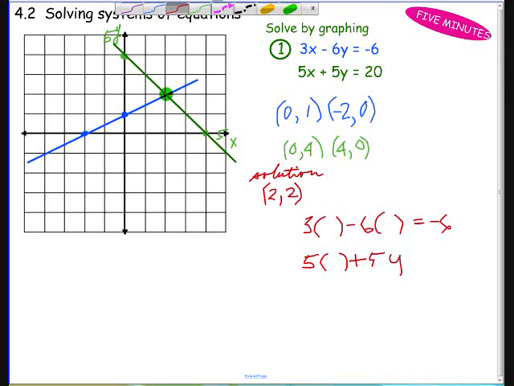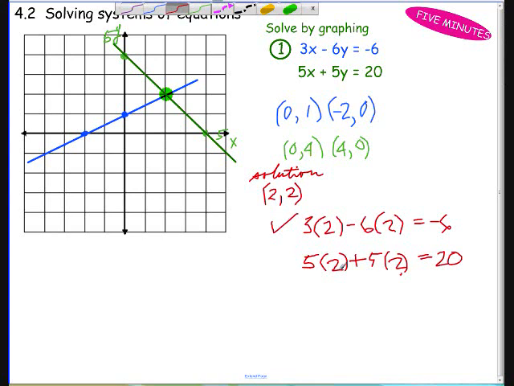Oh, no. I want to put the parentheses in. Equals 20. Let's see if they will work. That's going to be easy. I don't even have to think about which is the x and which is the y because they're both the same. So my x's go here, my y's go here, and I end up with 6 minus 12 equals negative 6.